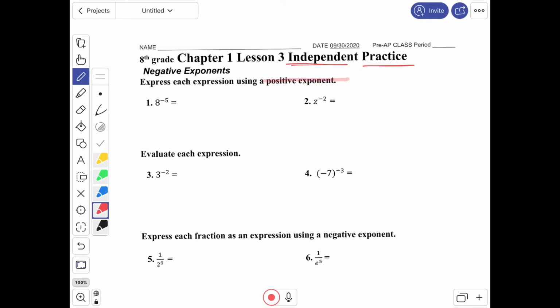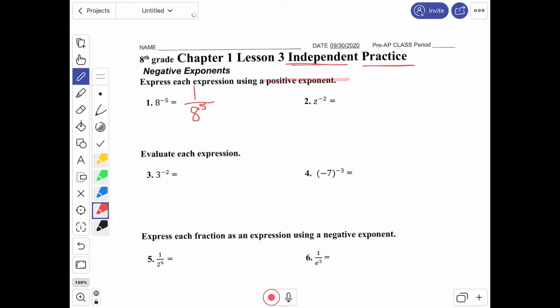So if I have a base of 8, I write that as the denominator, and my negative exponent becomes positive, and a 1 as the numerator. 3 and 4, you're evaluating the expression. They want you to write that as a positive exponent and then actually solve it.